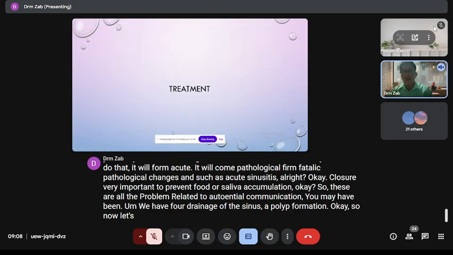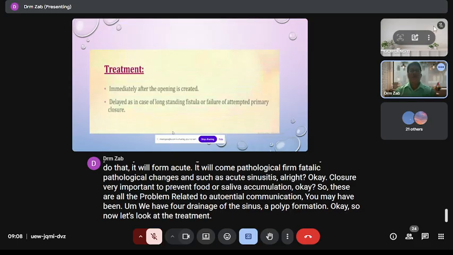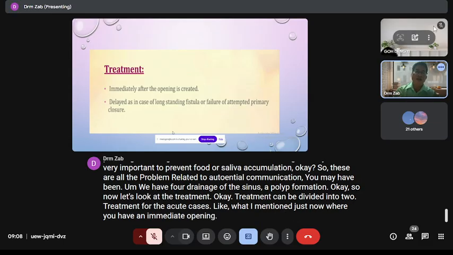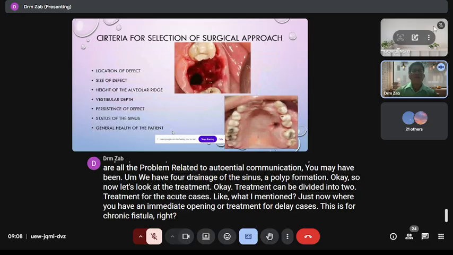So now let's look at the treatment. Okay. Treatment can be divided into two. Treatment for the acute cases, like what I mentioned just now, where you have an immediate opening, or treatment for delayed cases. This is for chronic fistula, right? Okay.